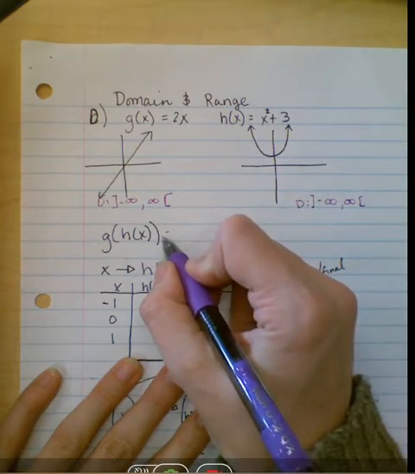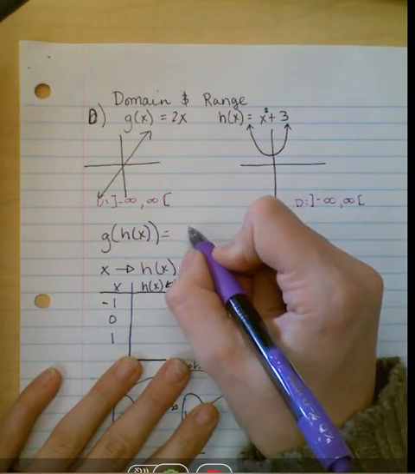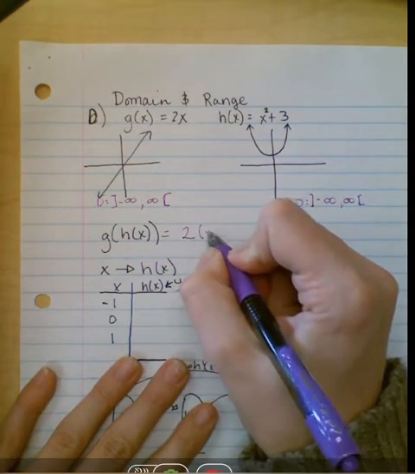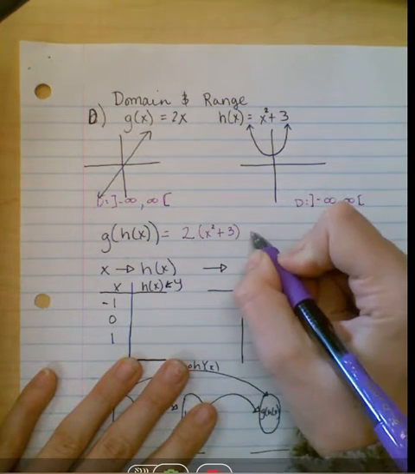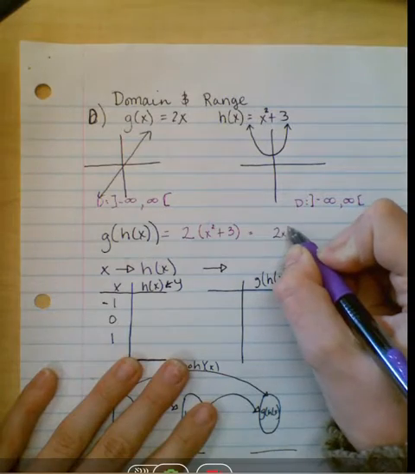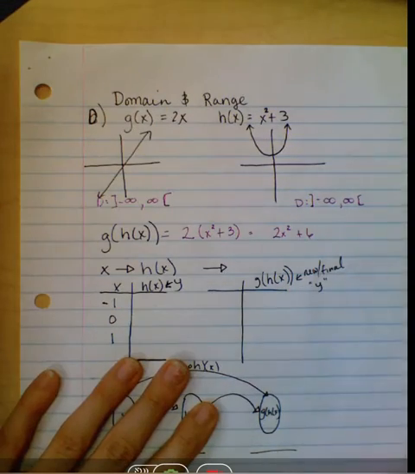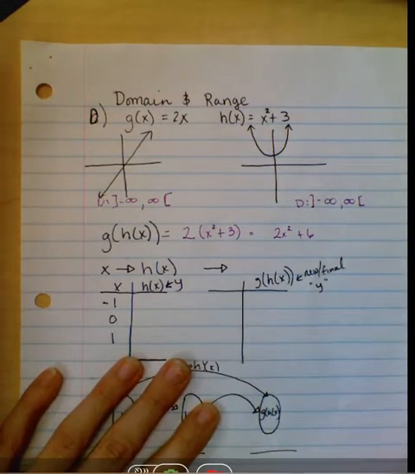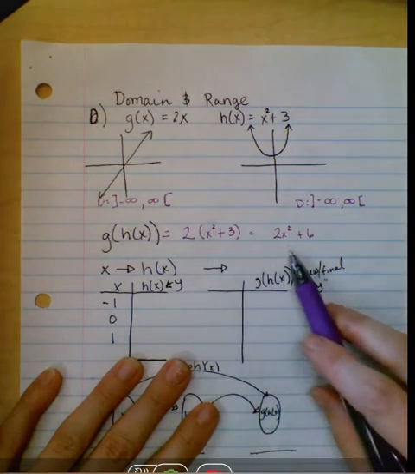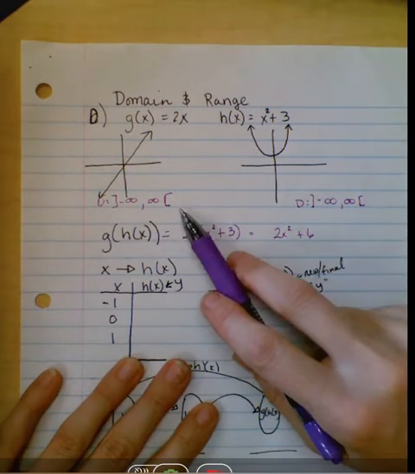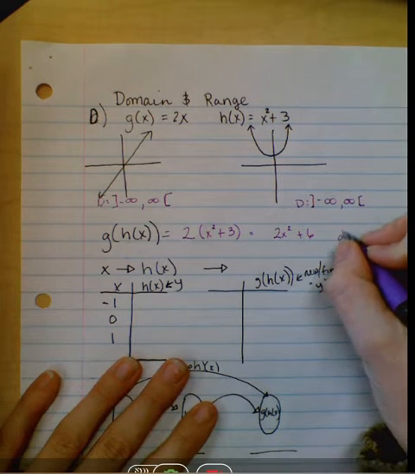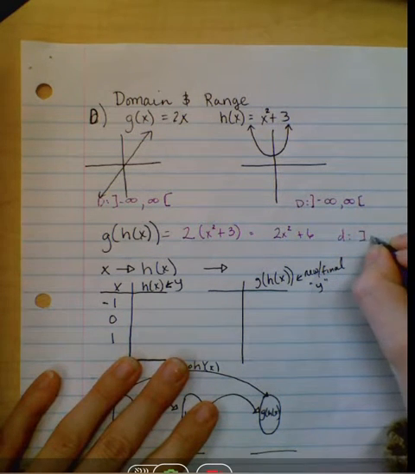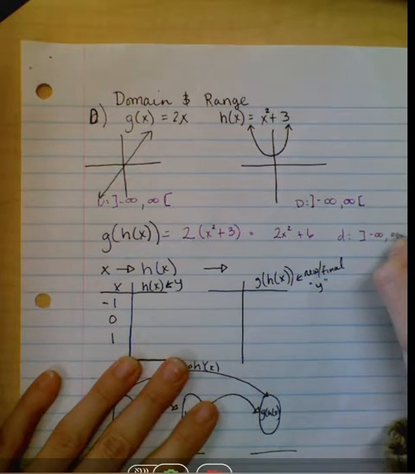And then if I took g of h of x, I would have 2 times x squared plus 3, which would give us 2x squared plus 6, right? So our domain wouldn't have changed in our composition here. It would just be from negative infinity to positive infinity. So our domain here is still negative to positive.